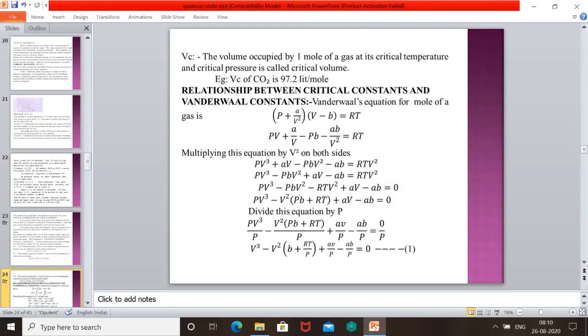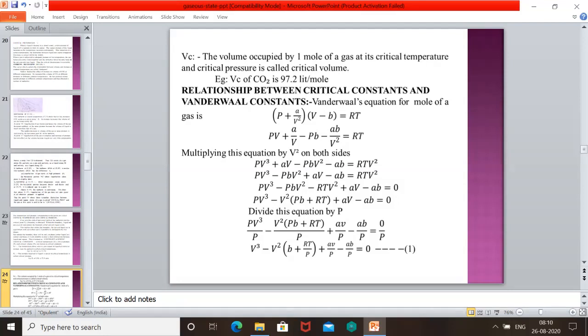See here. First, we have taken the Van der Waals gas equation for 1 mole of a gas, where n becomes 1. It became (P + a/V²)(V − b) = RT. Multiply the brackets and multiply the whole equation by V², and we got PV³ + aV − PbV² − ab = RTV². Now we are making it a uniform equation.